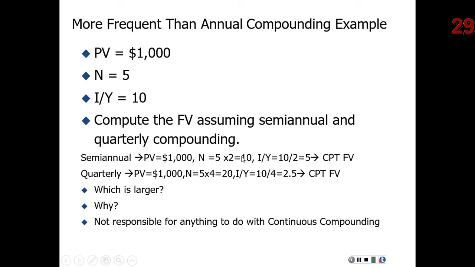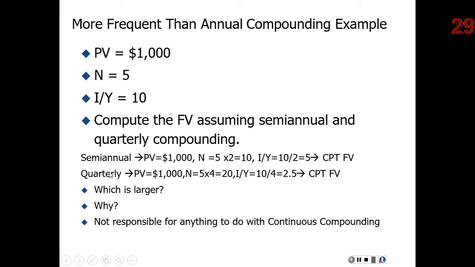So we're converting this to 10 6-month periods. And then for the interest rate, we're taking our 10% interest divided by 2, which means we're earning 5% every 6 months. And we compute the future value.